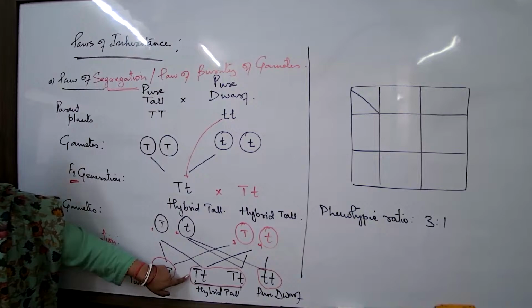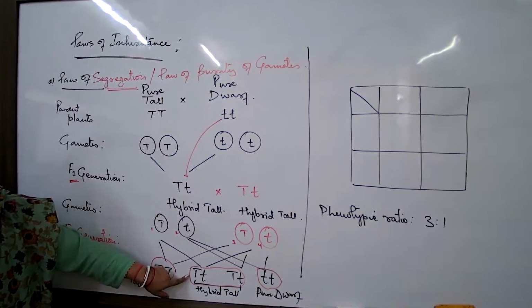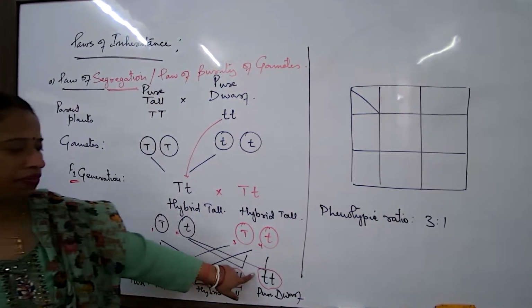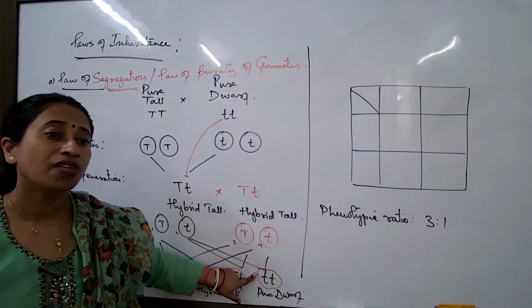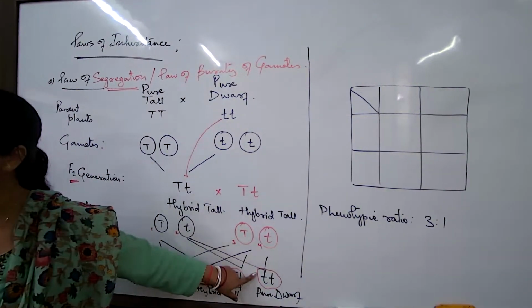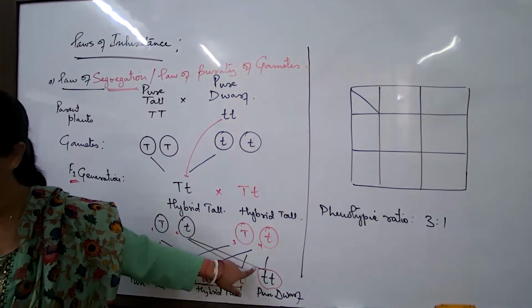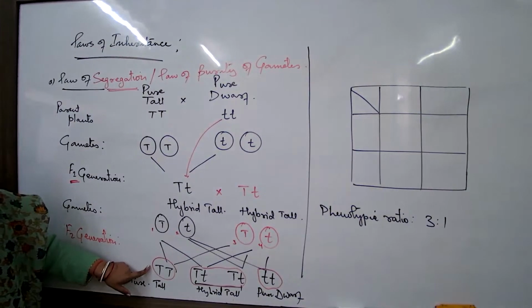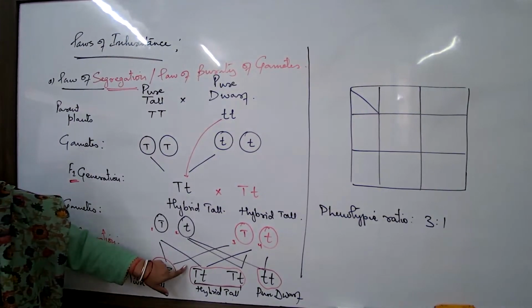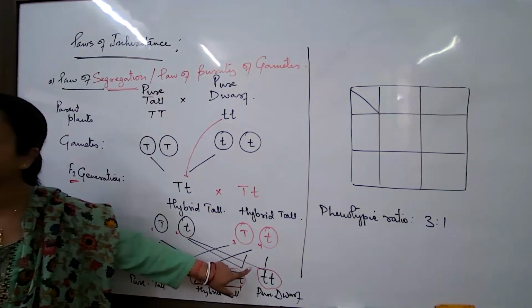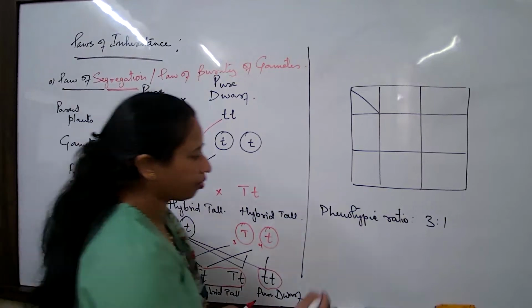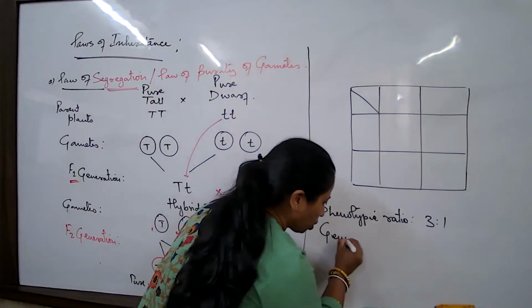What will we term this as? Heterozygous. And what will you term this as? Recessive. This is homozygous recessive. Homozygous dominant, heterozygous, homozygous recessive.